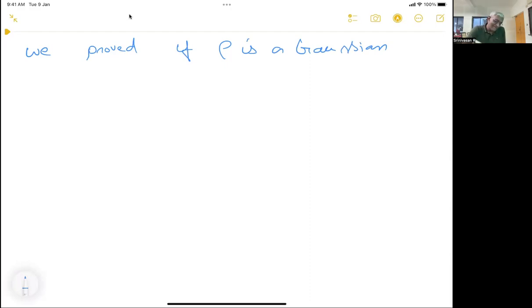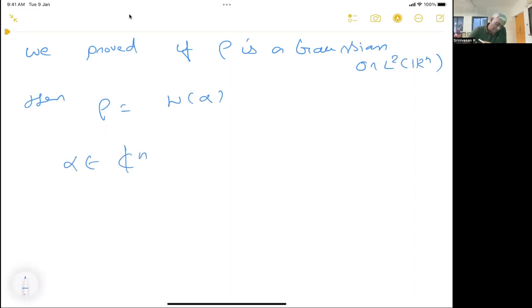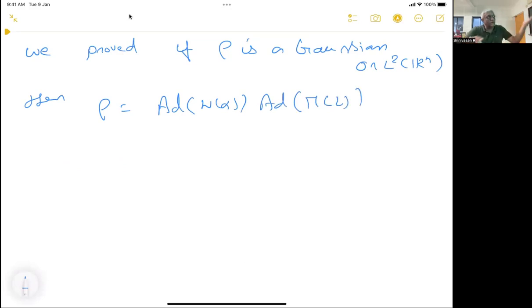Good. So we proved that if rho is a Gaussian state on L2 of Rn, then rho equals W of alpha for alpha in Cn. Maybe we'll write it like this: Ad W of alpha, Ad W of gamma L, which you can put together, or W of alpha.